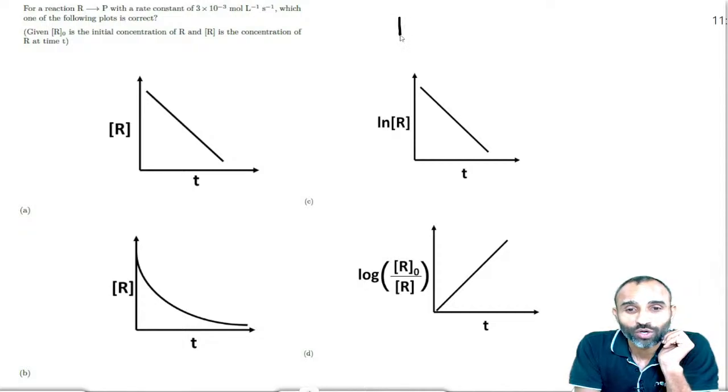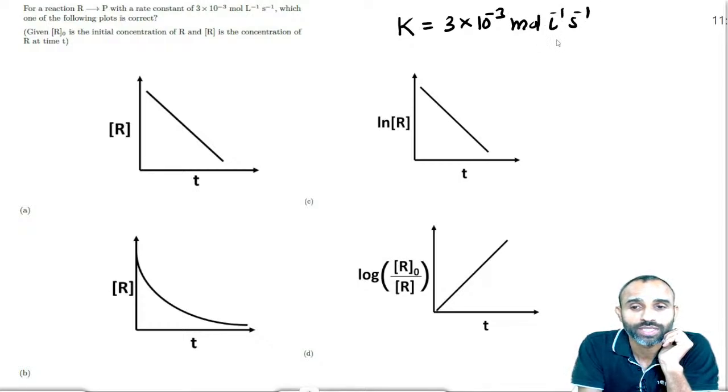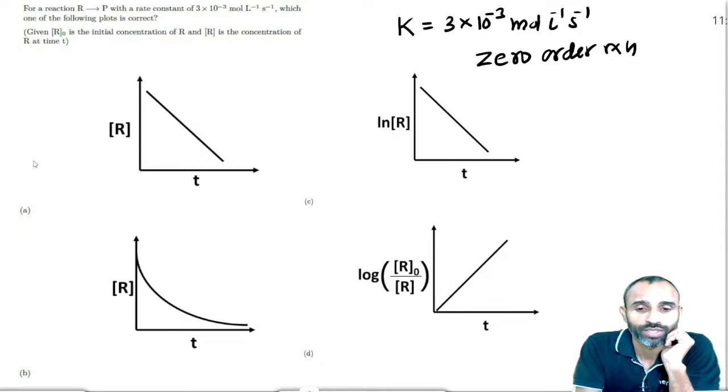See the unit of rate constant. Yes, it is 3 into 10 to the power minus something mole per liter per second. It is a zero order reaction. Zero order reaction, option A.